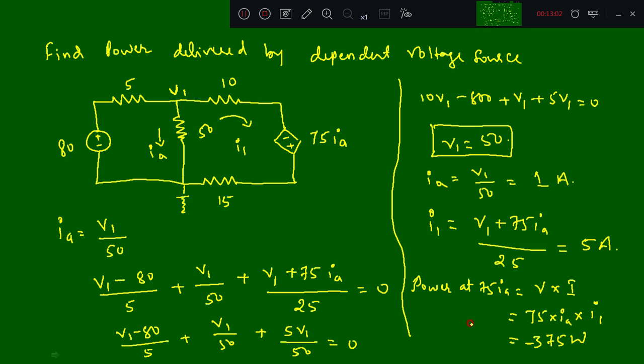The sign is negative because it is supplied. So this is about the node analysis. Thank you.